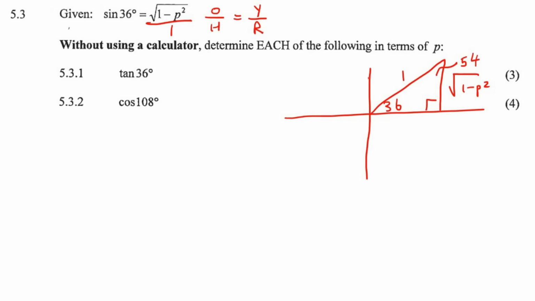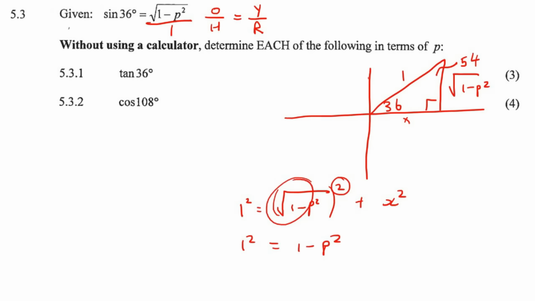Now what I do is a bit of Pythagoras over here to find this missing piece. Let's call that missing piece x. So we can say that 1 squared is equal to this 1 squared plus x squared, and that means 1 squared is equal to 1 minus p squared, because this 2 gets rid of the square root, plus x squared.